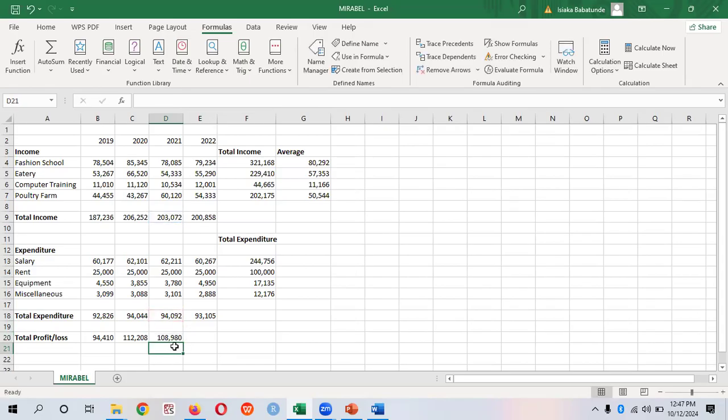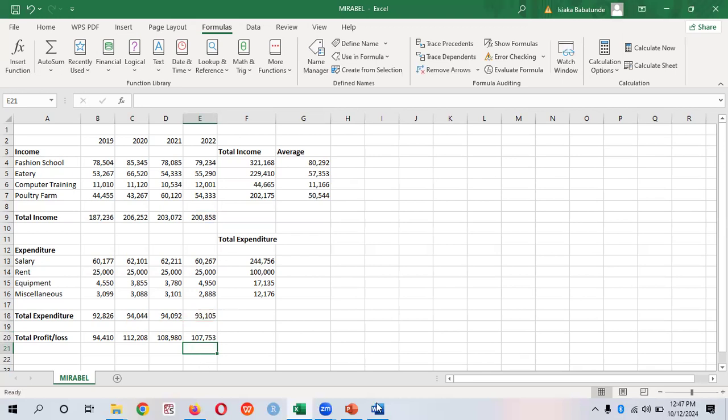In 2021, the company realized 108,000 as a profit, a bit higher than 2019, but less than 2020. Then the last one, in 2022, equal sign, this minus this, that's total income and total expenditure. Then click enter. So in 2022, the company realized 107,000.